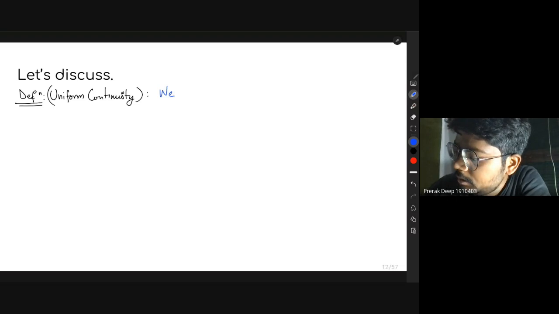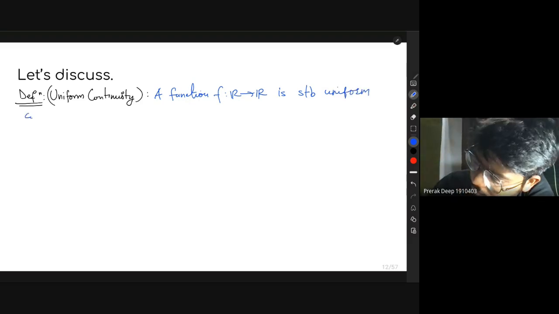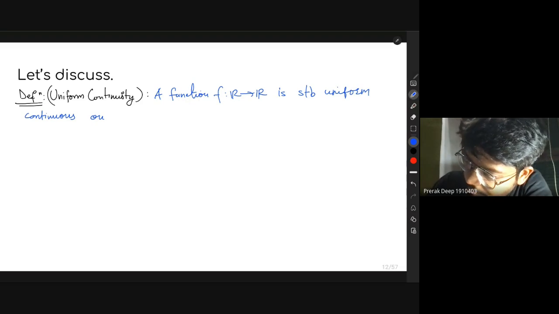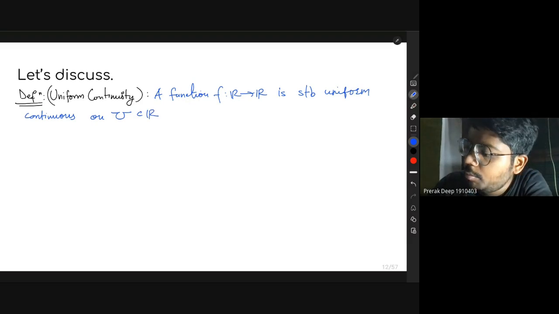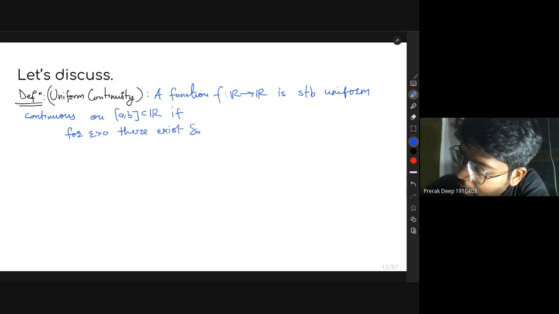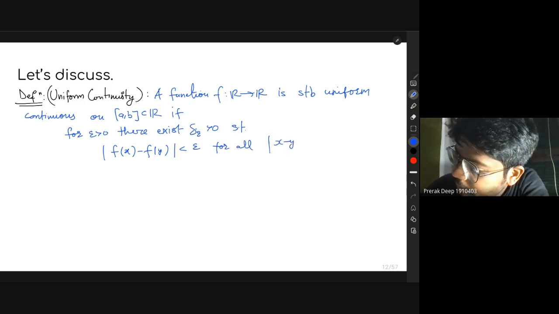We say a function f from R to R is said to be uniformly continuous on an interval, some subset, let's say an interval (a, b) in R, if for epsilon greater than 0 there exists delta depending only on the epsilon, such that |f(x) minus f(y)| is smaller than epsilon for all |x minus y| smaller than delta.